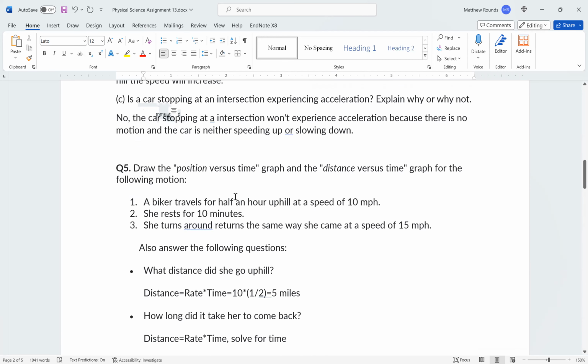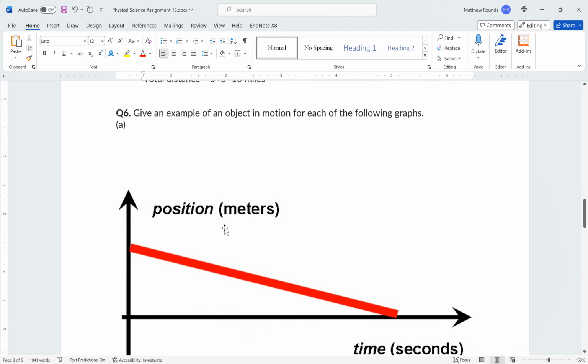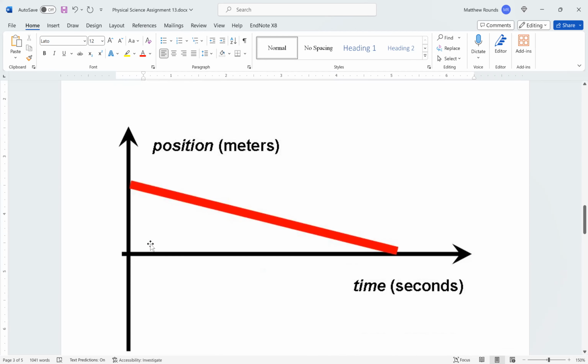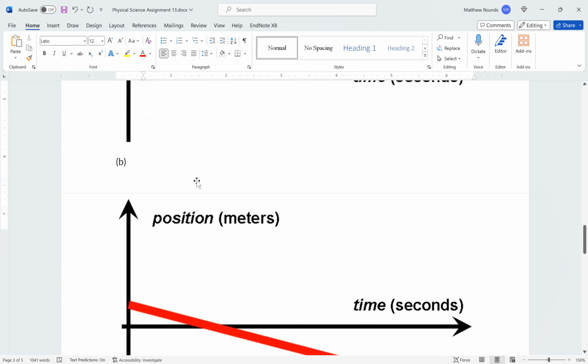All right. Now these graphs here are a little bit harder. We'll try and do 6 first and then come back, and talk about what these are.